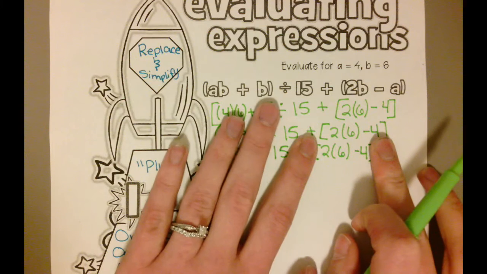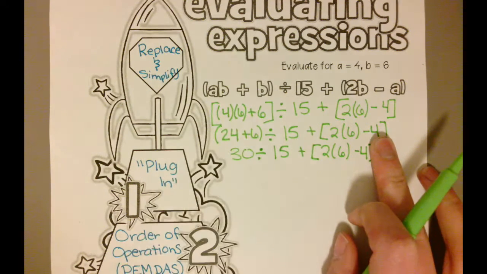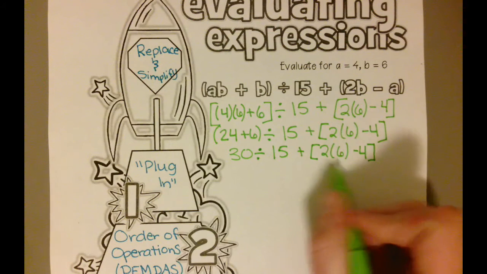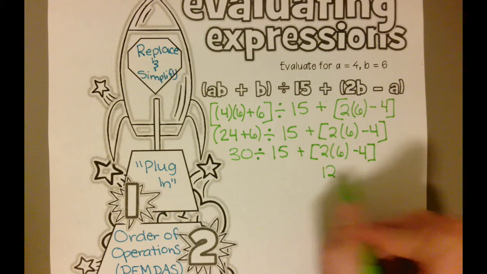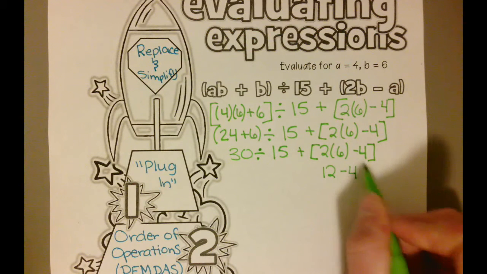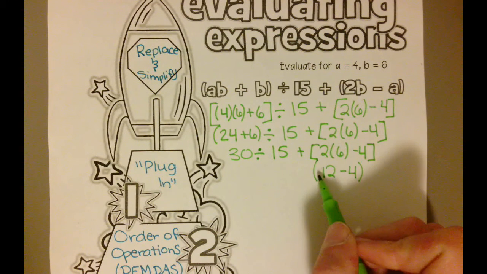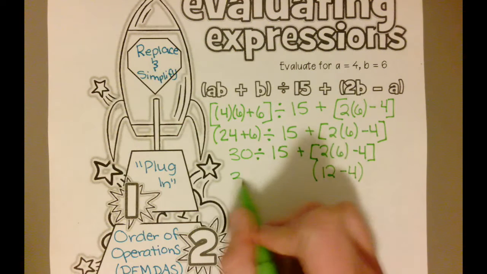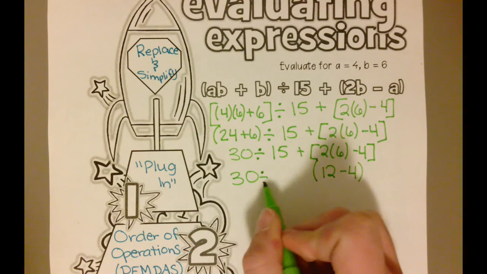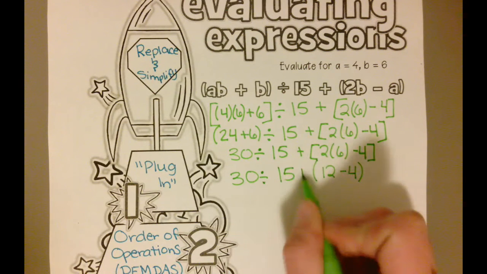So here I have 2 times 6 minus 4. So if I do 2 times 6, it's going to give me 12, and then I'm going to bring down the minus 4, still bring down, now I don't have to use brackets anymore, I can use parentheses. And then I'm going to bring down the rest of my problem in the same order.